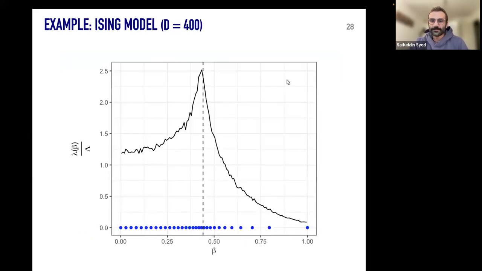So what does this look like in practice? This is an example of an Ising model where you can show there are some phase transitions that occur. So uniform changes in beta do not necessarily correspond to uniform changes in the distribution, right? In this particular case, there's a critical phenomenon that occurs at roughly beta equals 0.4.